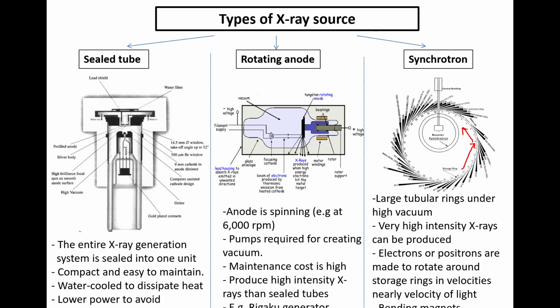That is actually responsible for the electrons moving in this circular motion. So if you have a synchrotron, there is no concept of anode and cathode and the half-life of the anode, anything. So we are utilizing this for high energy X-ray production. So this is the concept of synchrotron.